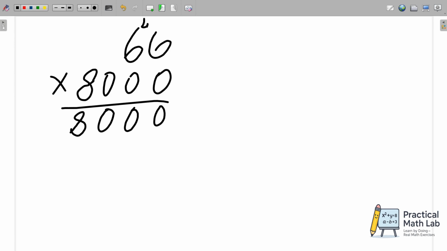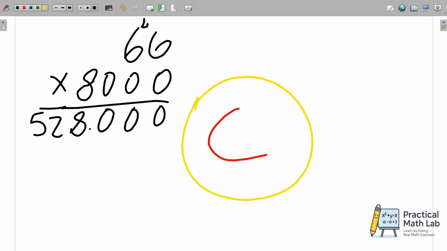Carry the 4. 8 times 6 is 48, plus 4 is 52. So the correct answer is 528,000, which is letter C. So letter C is the correct answer. That's the maximum amount that can be spent on the poles.